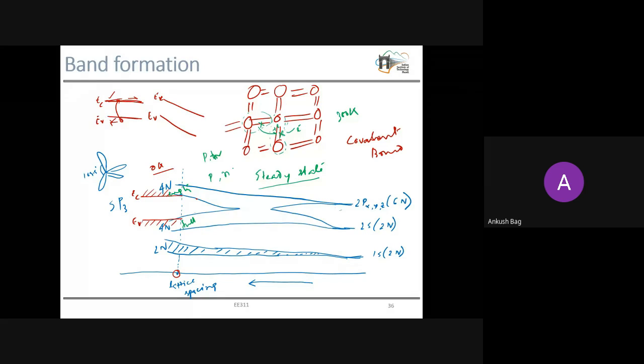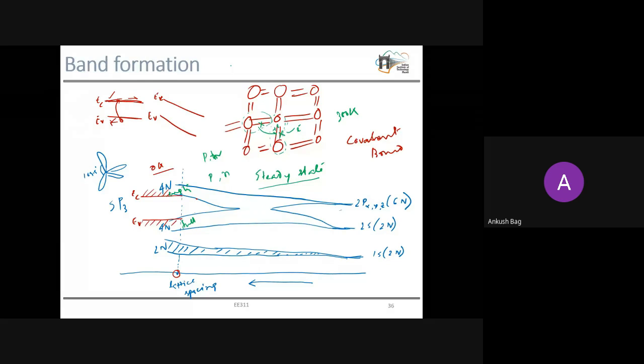Now to have that, you need to dope it. So by doping, you can make one type of carrier the majority carrier, and as well you can control the carriers.